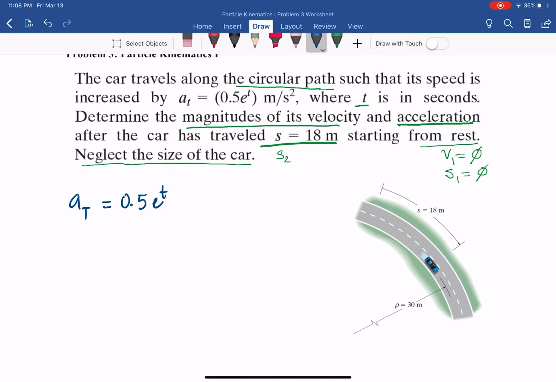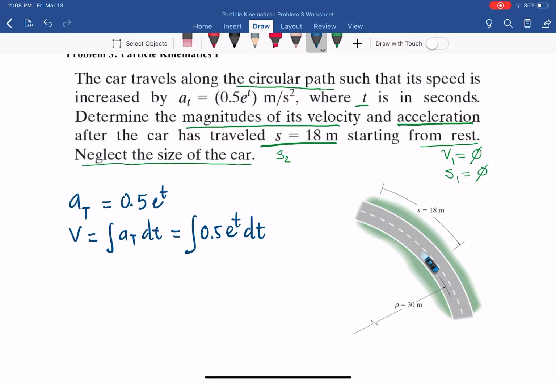So that's the difference from what we did in problem 2. So from at, we can find the velocity v. We can take the integral of at. So it's at dt, plug in, I can have 0.05 e^t dt.